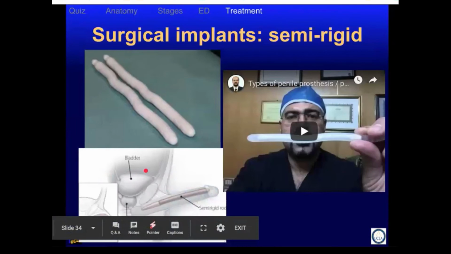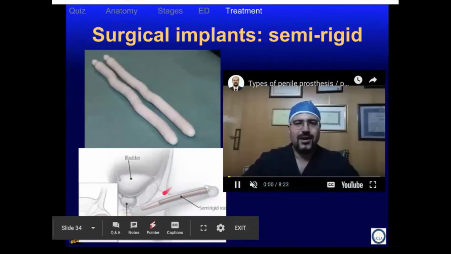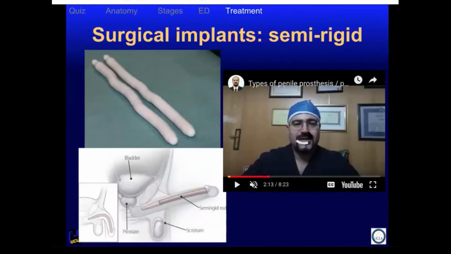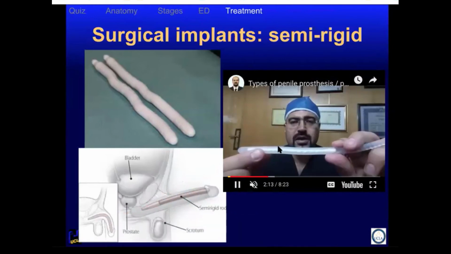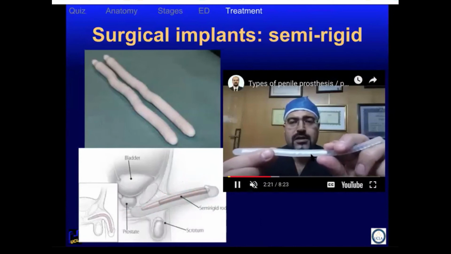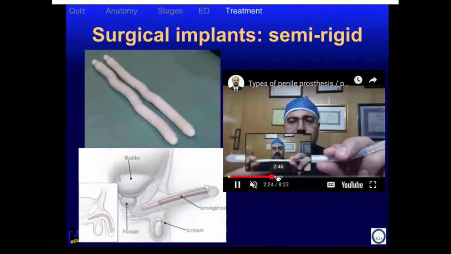This is called a semi-rigid pump, and it doesn't have the pump component like the rigid pump. It's placed in a similar fashion. It's put into the corporal bodies, and then it's flexible. Here the surgeon is demonstrating how it works. When the men are ready to have intercourse, they just straighten it, and when they're done, they fold it down, like you see here.